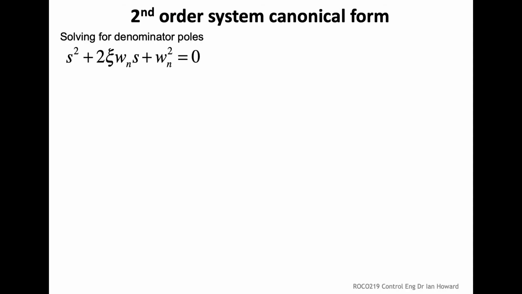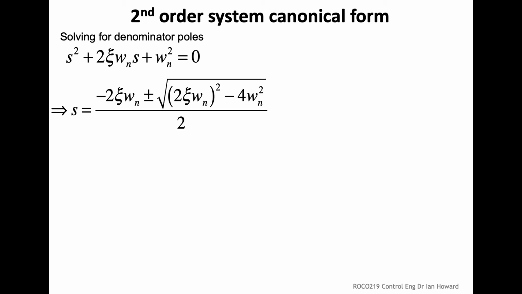So let's look at our s squared plus 2 zeta omega n s plus omega n squared equals 0. We'll use the quadratic formula in order to solve this. So we just put in the b as the 2 zeta omega n. That goes in here, b squared minus 4 times ac.